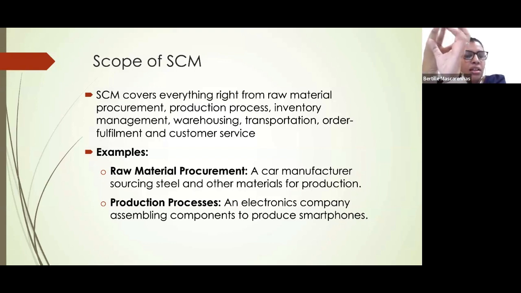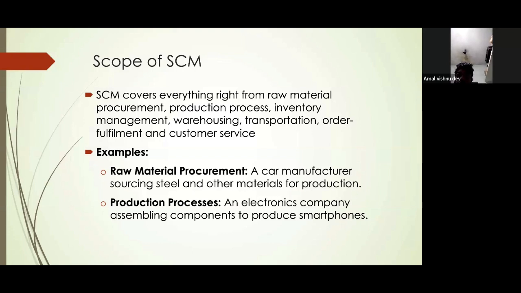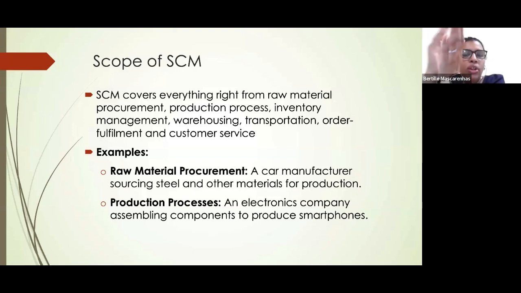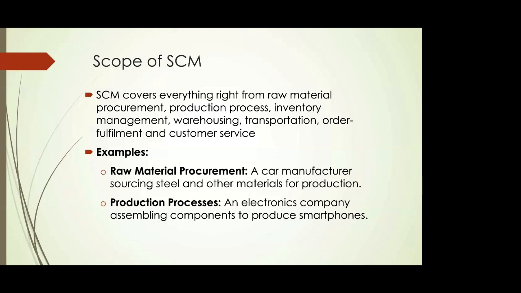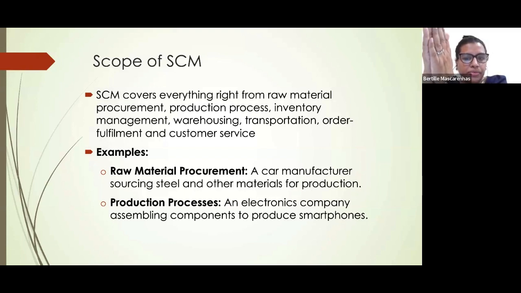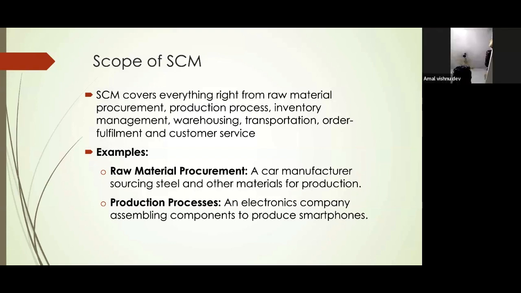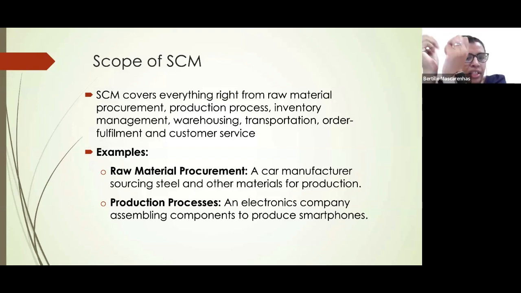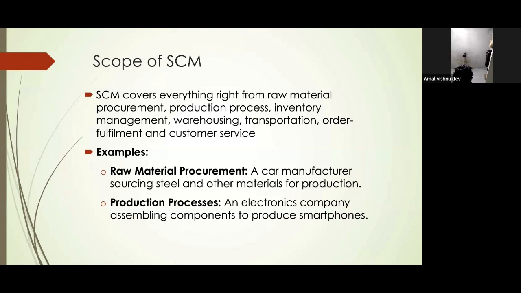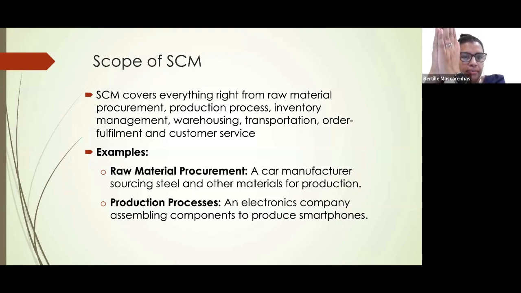Whether it's steel, plastic for the dashboards, rubber for your tires, all that becomes raw material. What is the production process? Example, an electronics company assembling components to produce smartphones. That is what we would call a production process.